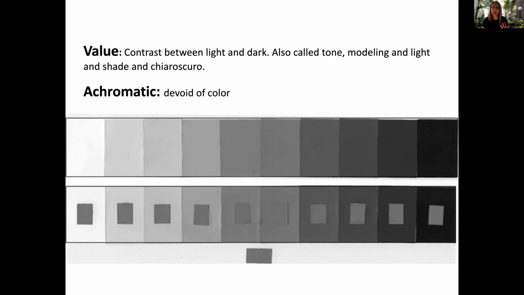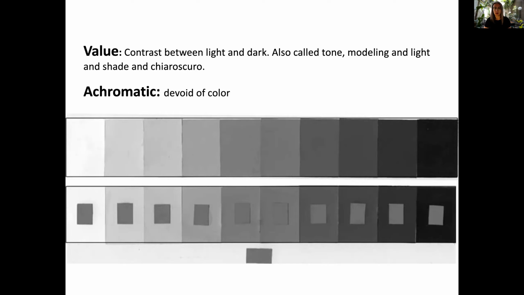And black and white are not a color. Black and white are a way that we can create value. Or we can change a color using black, white, and gray. But for the most part, when we're creating drawings, we're talking about drawings that are achromatic.